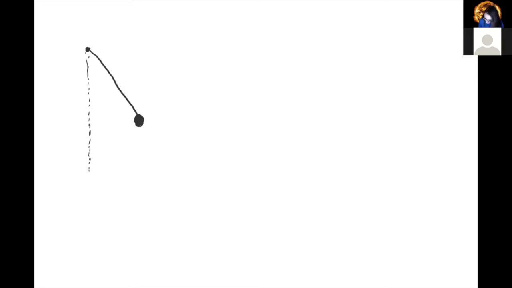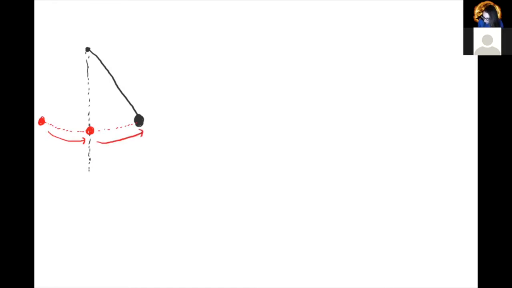And then what's going to happen is that I'm going to pull my mass off to some side, and then my mass is going to swing through the equilibrium position here. It's going to swing over to the other side, and then it's going to swing back through the equilibrium position, and then it's going to swing back again to the place where it started.